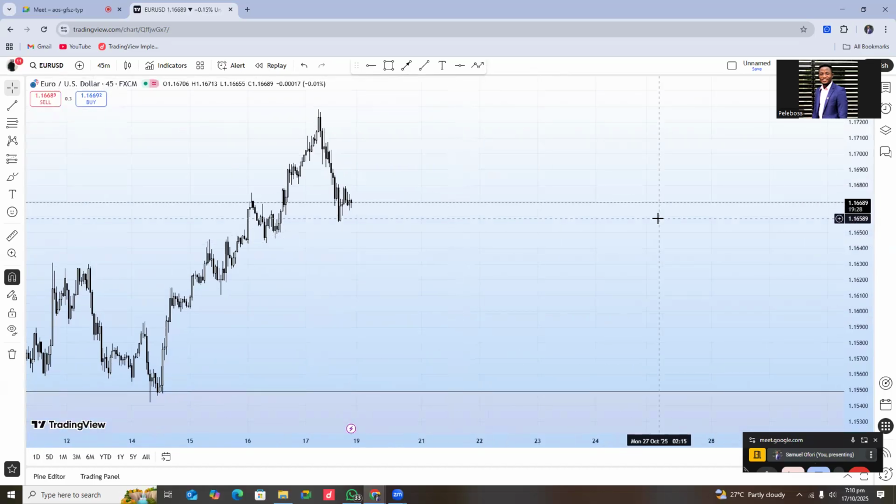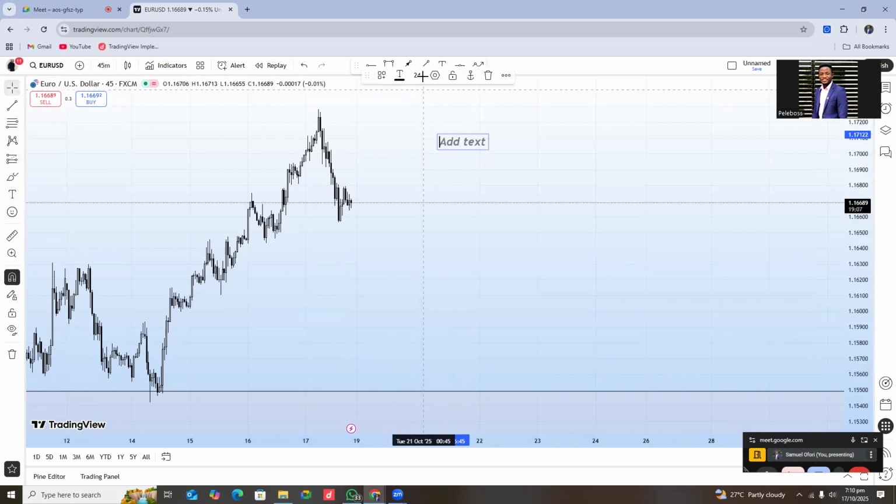the basics. So we said that a pip is the smallest change in currency value, or the unit change in currency value. When we talk about a unit, just one.